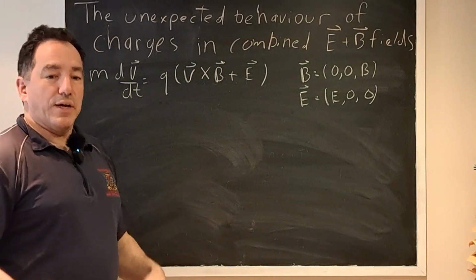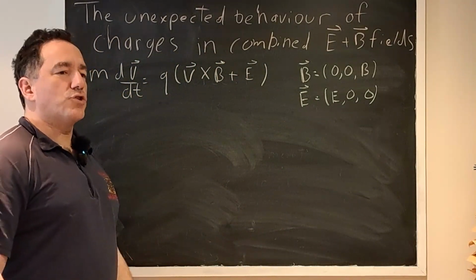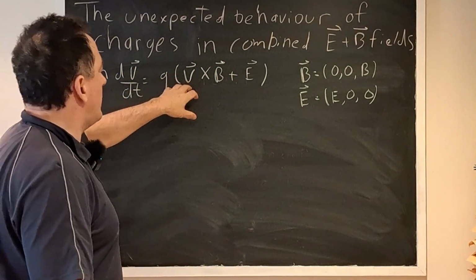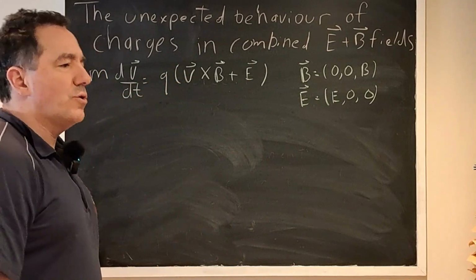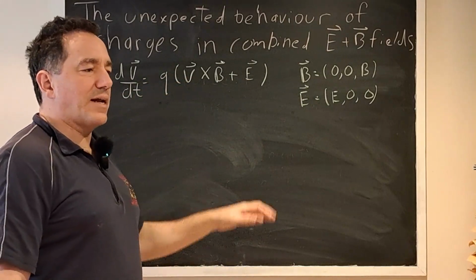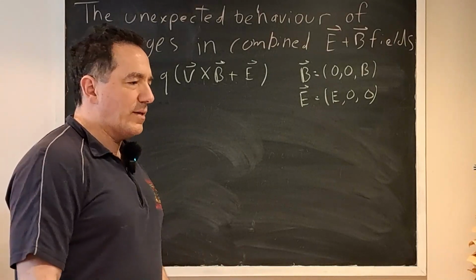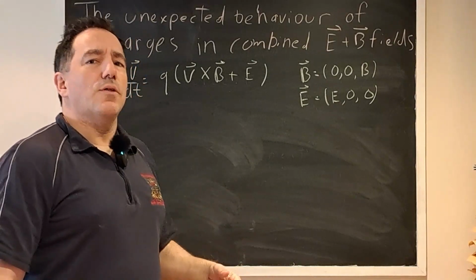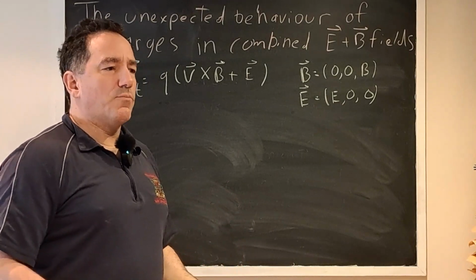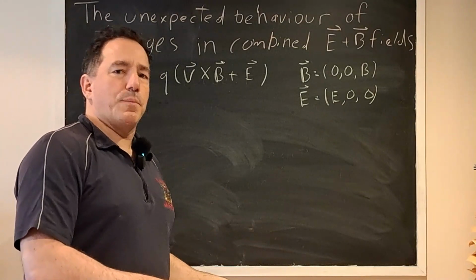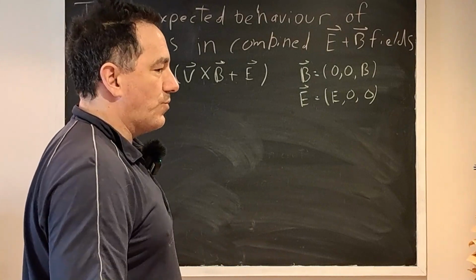If you've seen how to solve differential equations, you can solve for v and then for x, and you will get a solution that is exactly what we will see using other methods. That's a nice exercise if you want to try it. But as I said, in physics, we often want to solve the problem doing the least amount of math possible. And that's what we're going to do here.